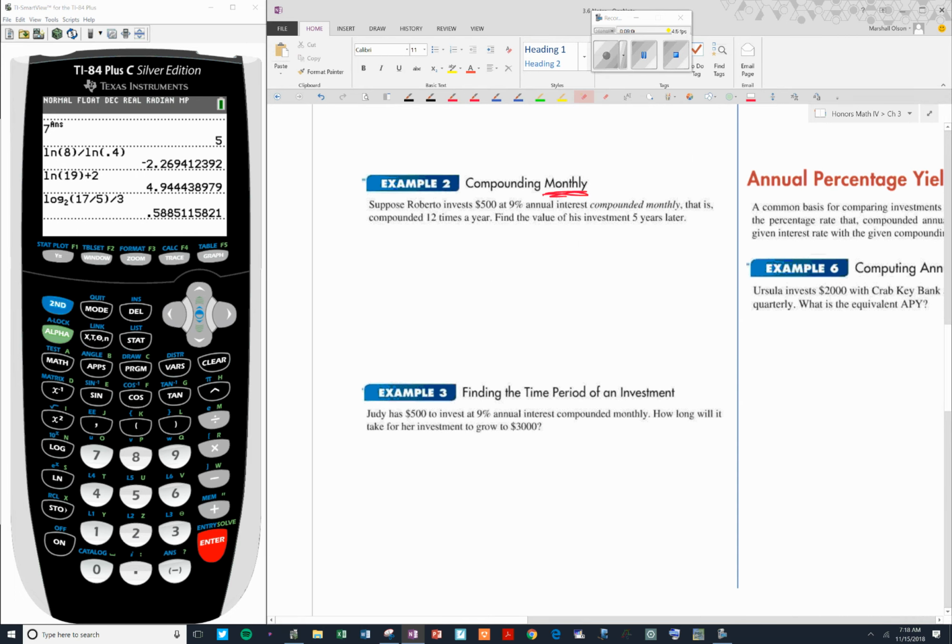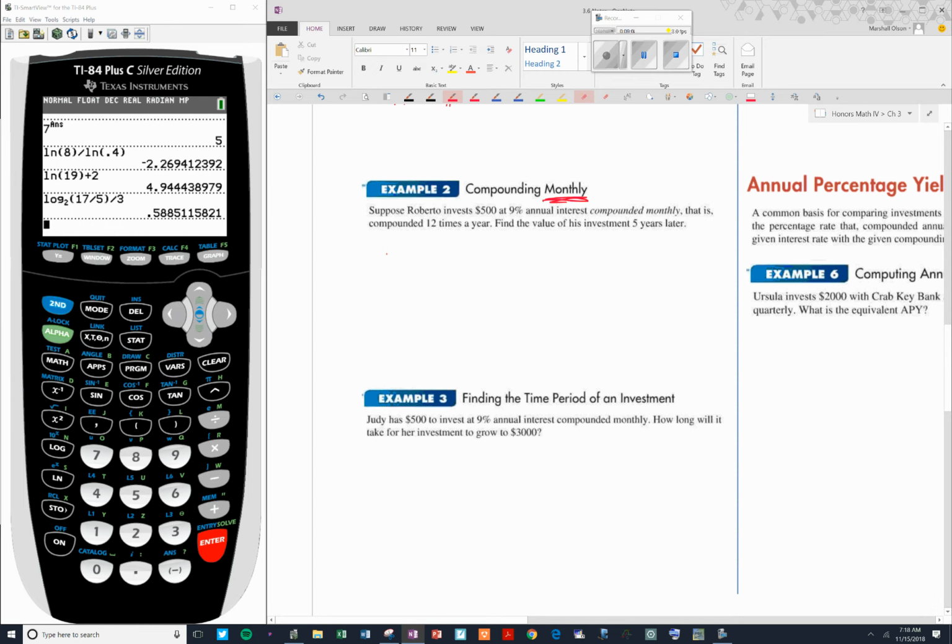So we are going to take that $500 that Roberto was investing at 9% annual interest, so it's 1 plus, except this time we need to divide it by 12 because we are compounding it monthly. And we need to take our number of years and also multiply it by 12 because it's going to be compounded 12 times a year. Sorry, the number of years is 5.